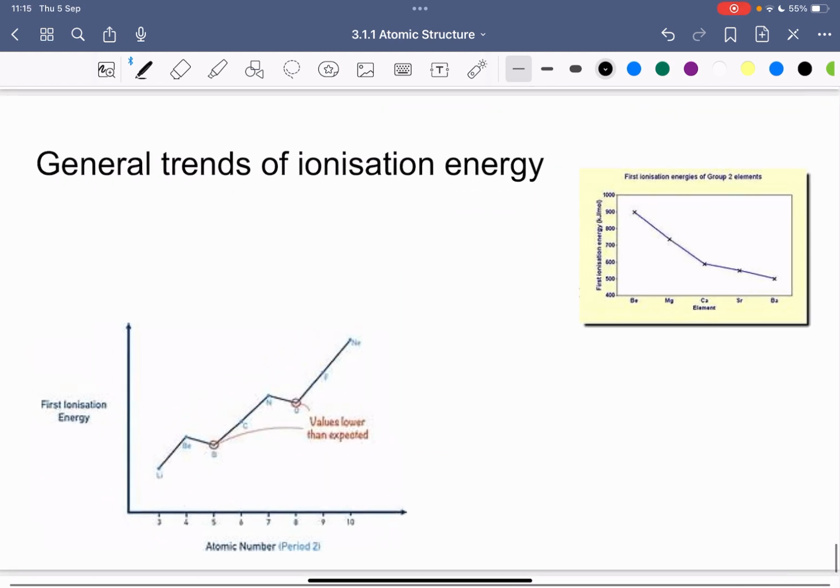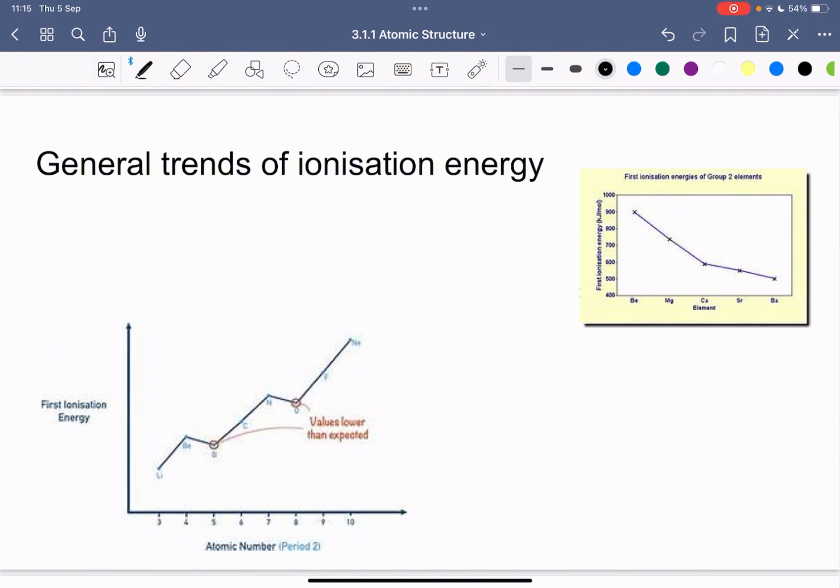You also need to know the general trends of ionization energy. As you go down a group, you're adding another shell. That increases the atomic radius, or the size of the atom, and it also increases the shielding. Both these factors make the nuclear attraction weaker, which is the attraction between the electron and the nucleus.